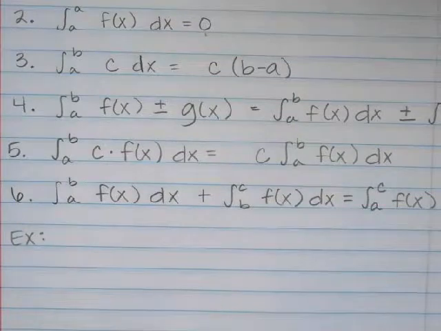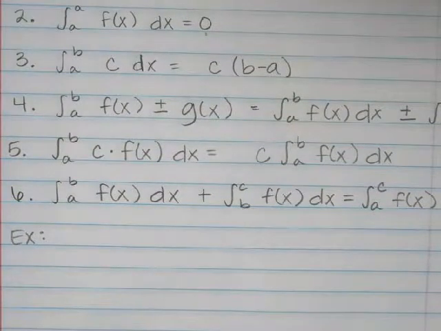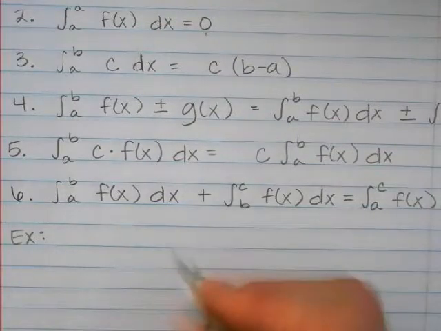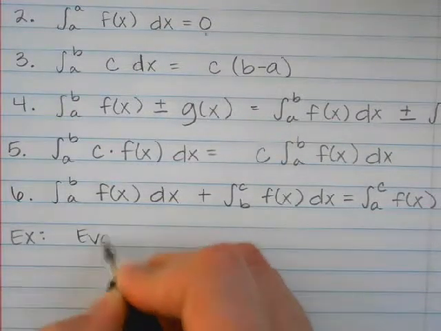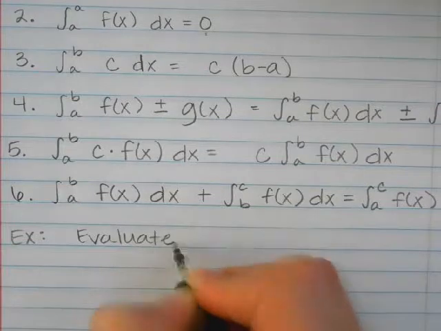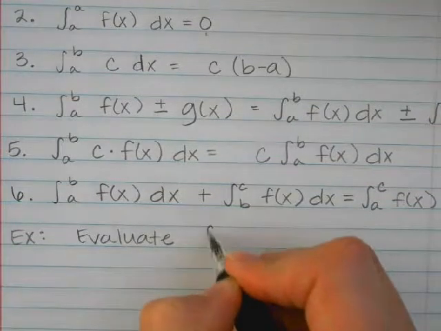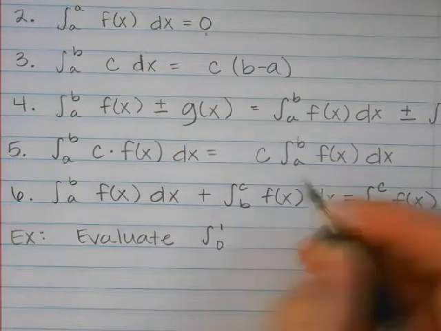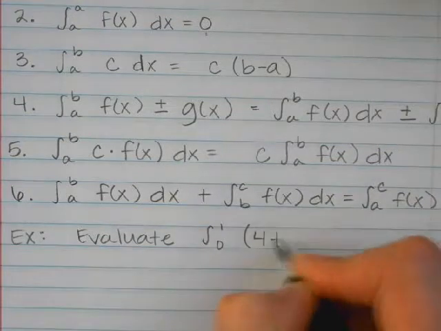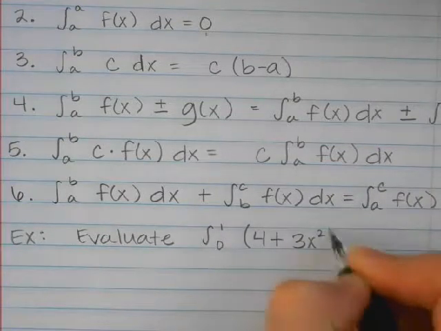So here is our first example. We're going to do 3 examples, I think. In the first example, we're going to evaluate from 1 to 0, and our function is 4 plus 3x squared dx.